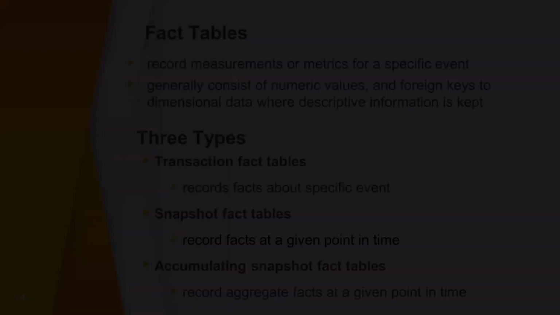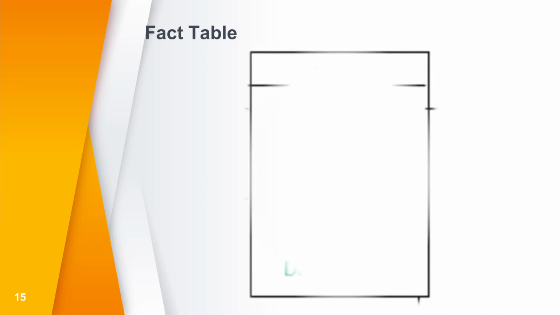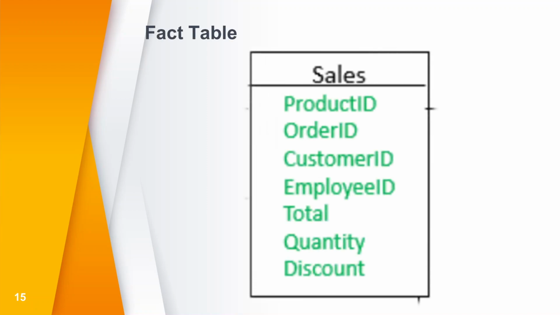Okay, so how about an actual example of a fact table? This is our fact table example, a sales fact table. We have values: product ID, order ID, customer ID, employee ID, total quantity, and discount. I mentioned earlier that a fact table contains foreign keys to dimension tables.